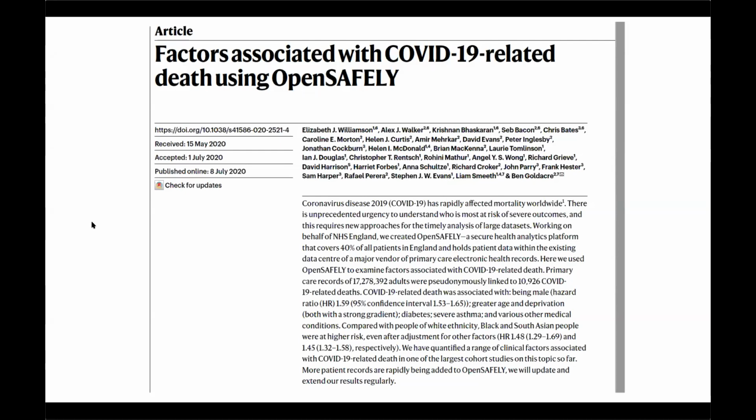One of the unique capabilities that a nationalized healthcare system has, like in the UK, is access to very, very large collections of centralized and standardized health records. So it is possible for them to do a countrywide analysis because they have unified systems.